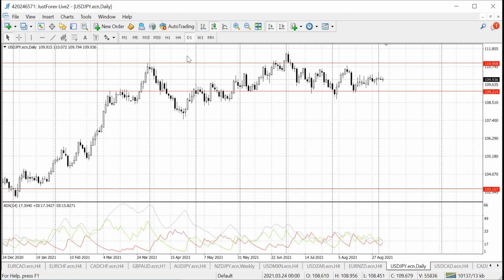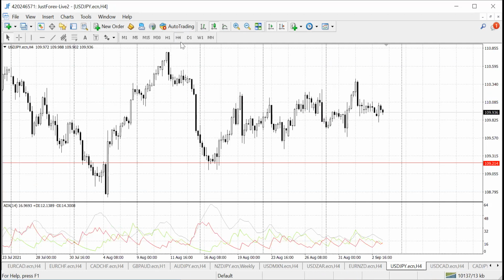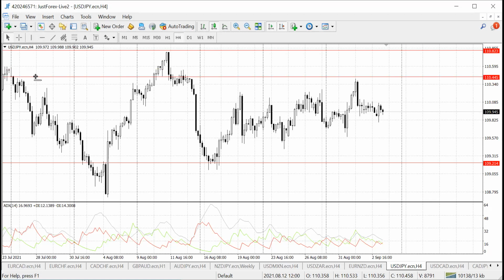Then let's get to 4 hours and see. We have the same corrective move. Check on 4 hours. The same, but this particular one, USD has not yet tested the support.